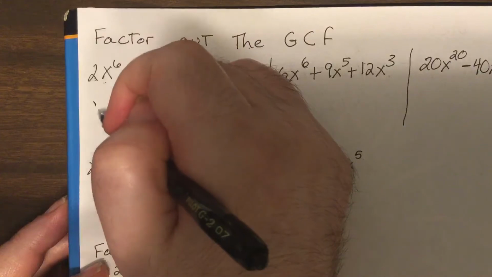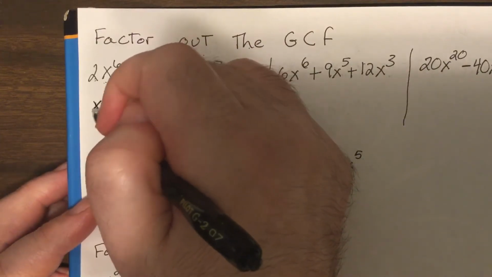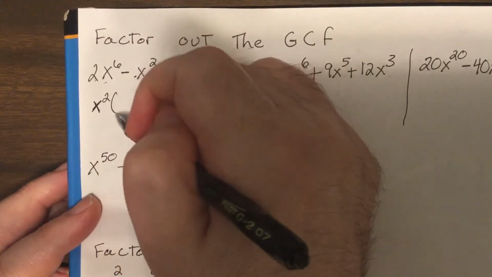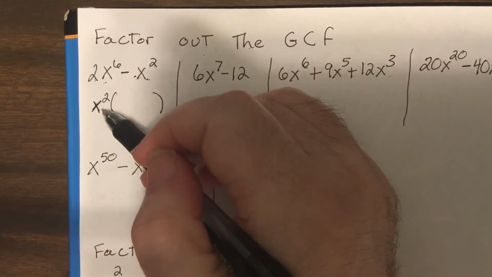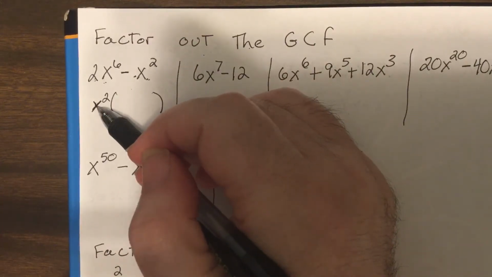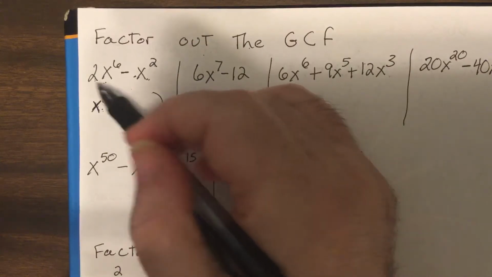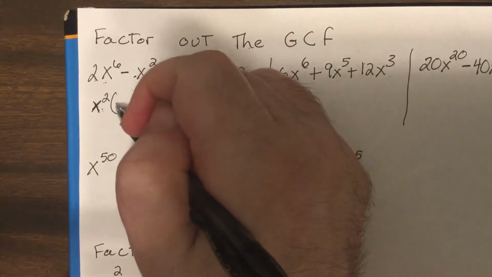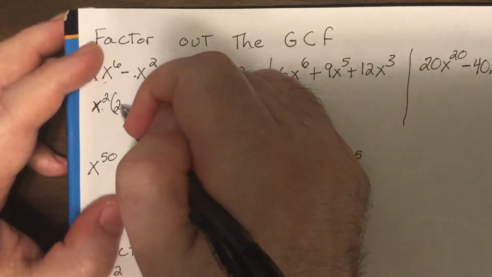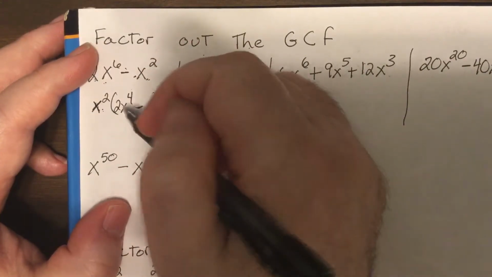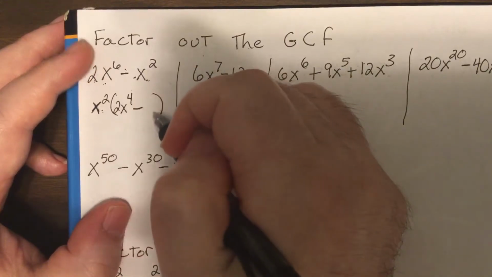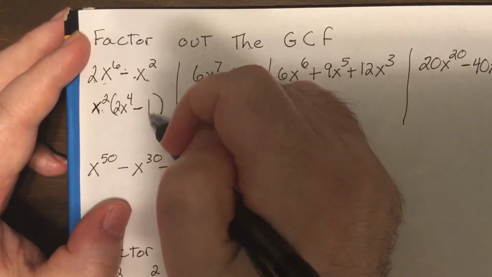So in this case, the GCF, greatest common factor, is 1x squared. So then you write the GCF out front, then you say, what do you multiply x squared by to get 2x to the 6th? And that'd be x to the 4th, minus, what do you multiply x squared by to get x squared? And that would be 1.